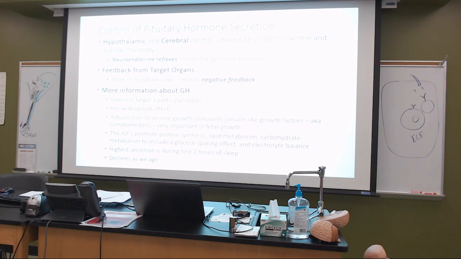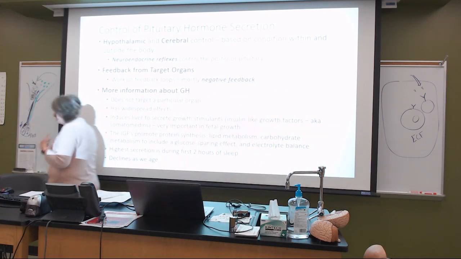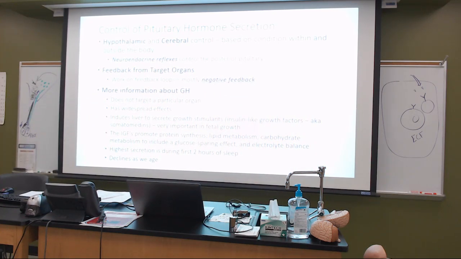So we need to make sure that this growth hormone, and yes, it does decline as we age. Therefore, that commercial that I talked about earlier. Because cellular repair is also referring to all these signs we see of aging.